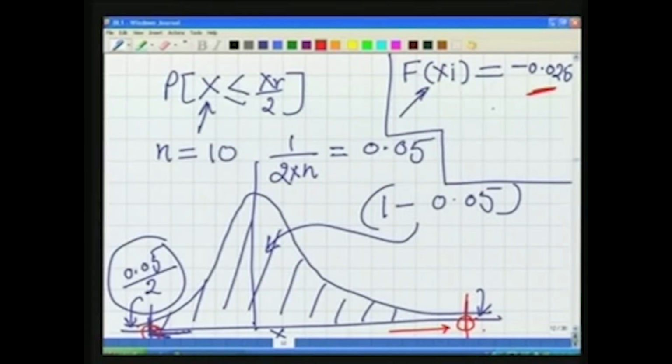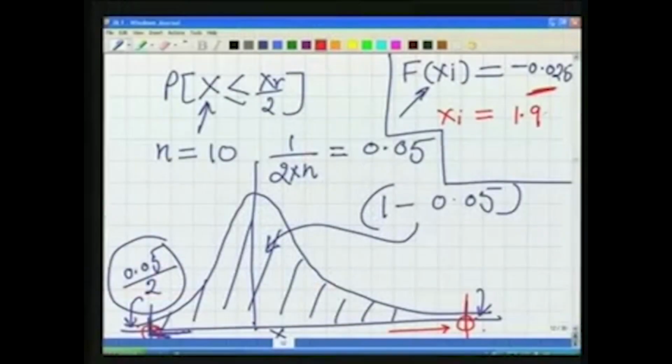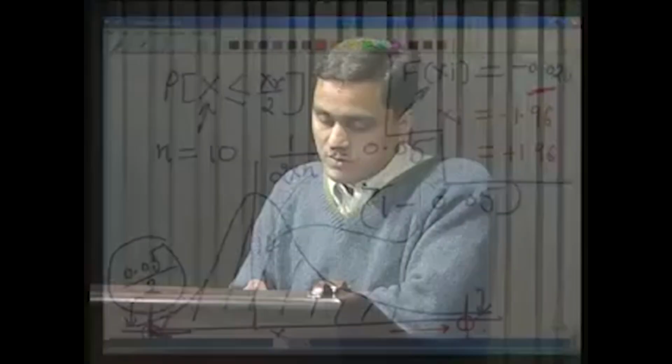Now, the corresponding value for this xi, if you go back to our table, you can make use of the standard normal curve table, and this value is 1.96. Over here it is minus 1.96 and over here it is plus 1.96. So, what does our rule say?